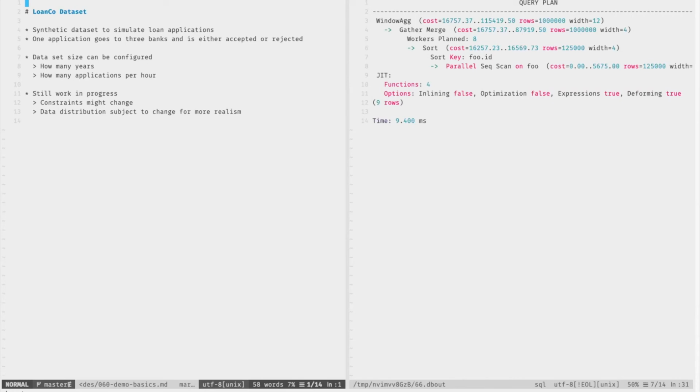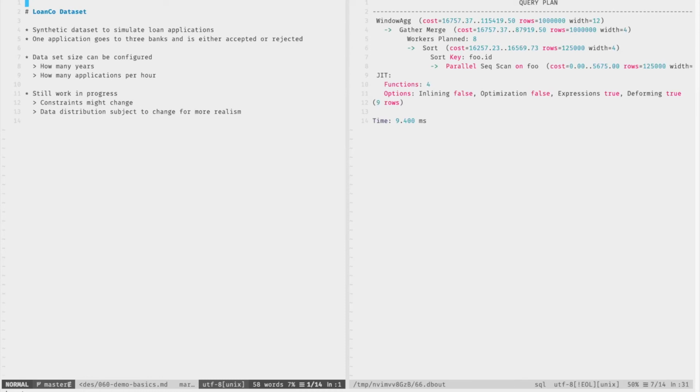And we simulate this basically and automatically apply it to these 3 banks. And then there is some, at the moment, very archaic algorithm which just decides based on the probability whether the loan is accepted or rejected. We can configure this. We can tell the data set how many years of data to generate. We can tell it how many applicants per hour we get.